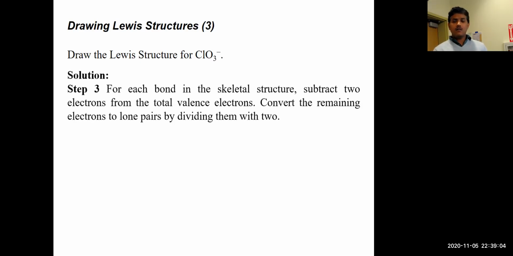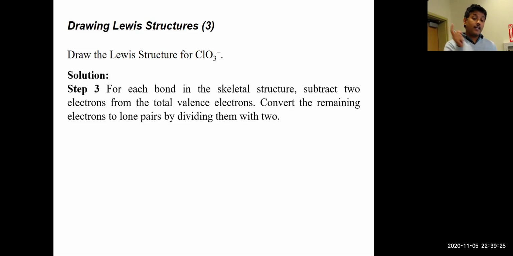Step 3, what did we discuss for step 3 is, for each bond in the skeletal structure, subtract 2 electrons from total valence electrons, and convert the remaining electrons to lone pairs by dividing by 2. You already know how many valence electrons you have from step 1, which is 26 electrons.